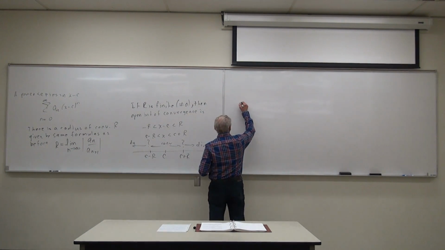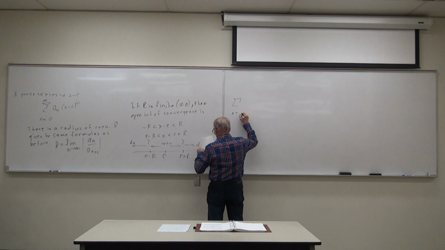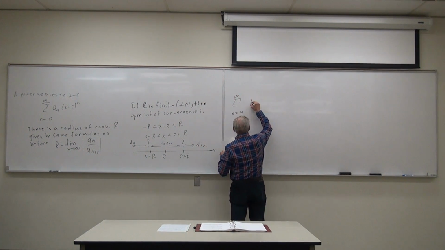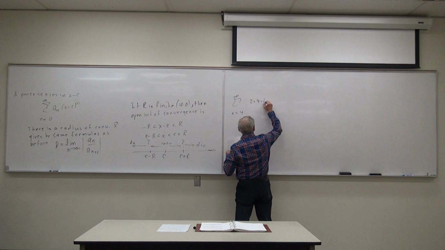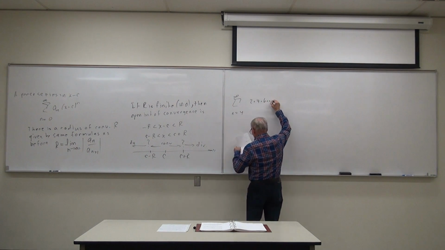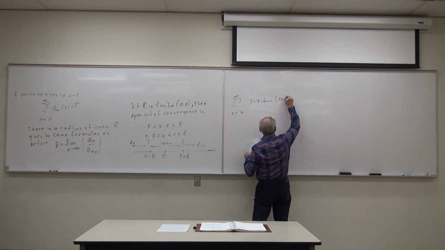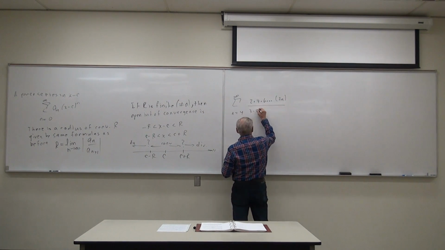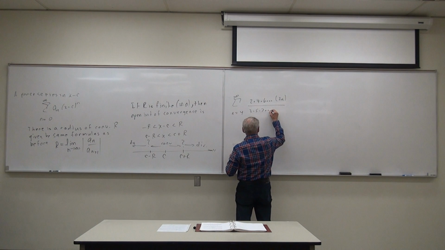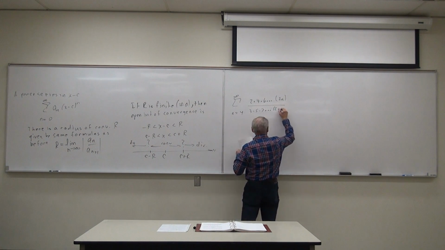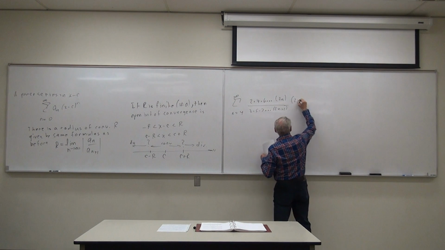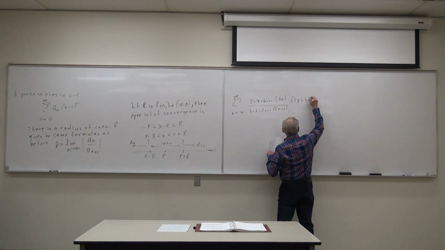Suppose I gave you the summation, n equals 4 to infinity, of 2, 4, 6, dot, dot, dot, up to 2n, over 3, 5, 7, dot, dot, dot, up to 2n plus 1, and then 2x plus 3 to the n.